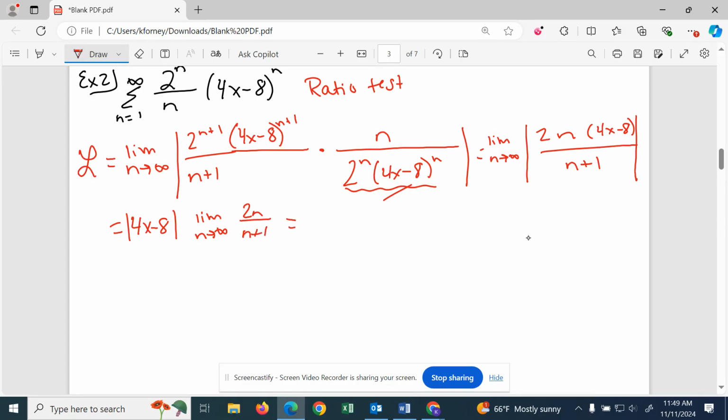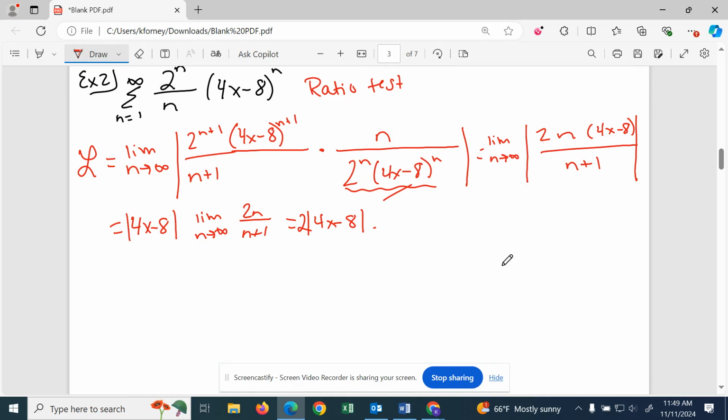And so when you take the limit, 2n over n plus 1 becomes 2 over 1, which is 2. So that would be 2 times the absolute value of 4x subtract 8. So we found our L.